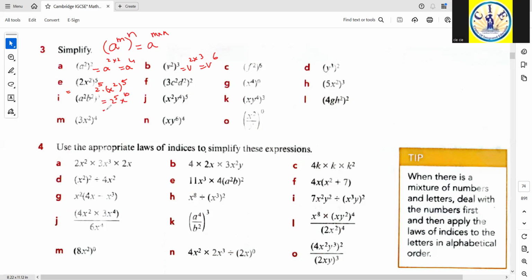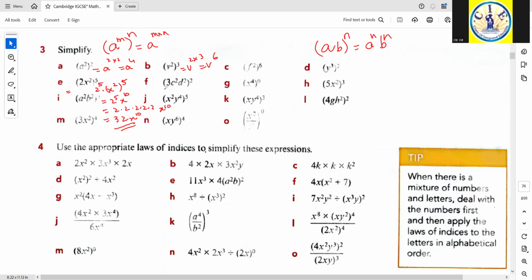And 2 raised to power 5 means 2 multiplied with itself 5 times, which gives 32x raised to power 10. That is its answer. This is the application of the rule. For example, a times b, we have got two numbers and whole power is n. Then that power shifts on both of them, a raised to power n, b raised to power n.